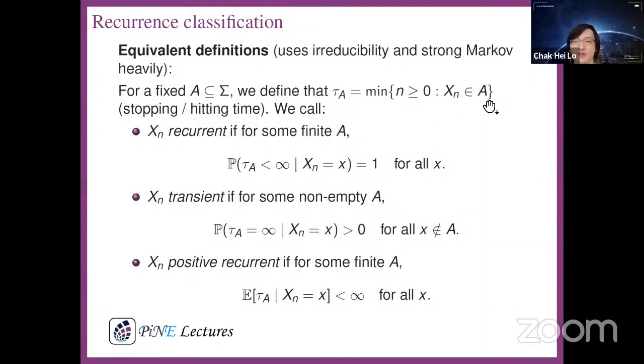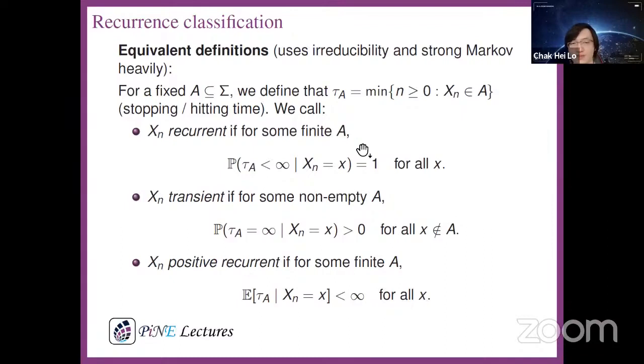It's the first time that the process goes into this region A. We call X recurrent if for some finite set A, the probability that this stopping time is less than infinity, given that we start at x, is 1. So what it means is that in finite time, it will always go back to this region.